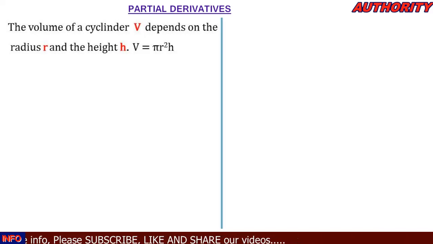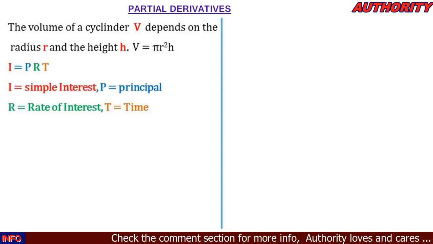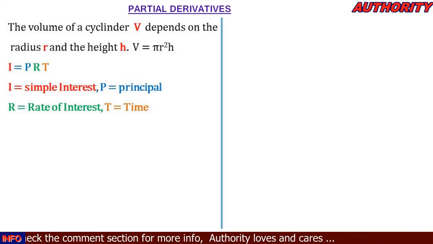You get it, right? Now, let me give you another instance. Let's say we have something like simple interest. Simple interest is I equals PRT all over 100. That is when you want to calculate the simple interest in percentage. But if you don't want to find the simple interest in percentage, you can simply say that simple interest is equal to PRT, where P is the principal, R is the rate of interest and T is the time.